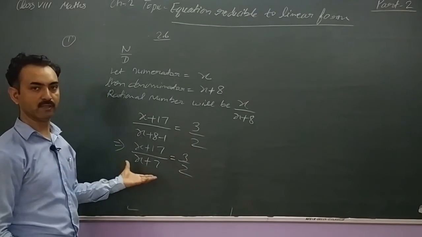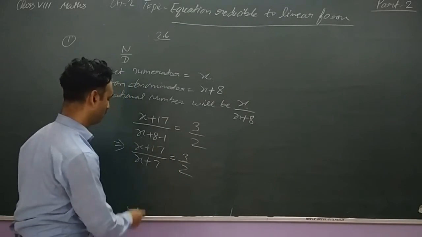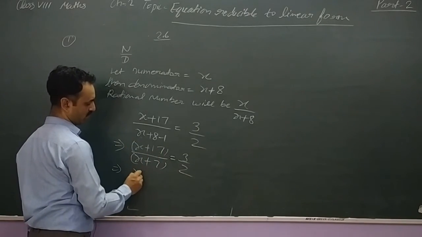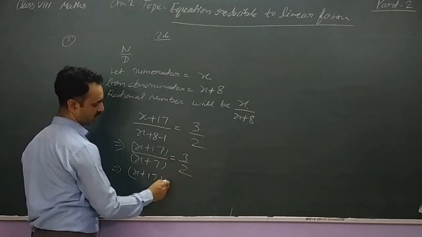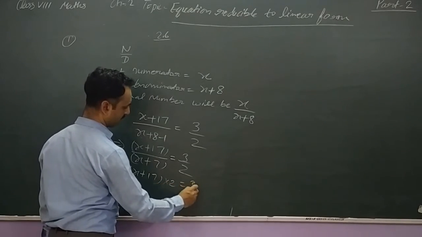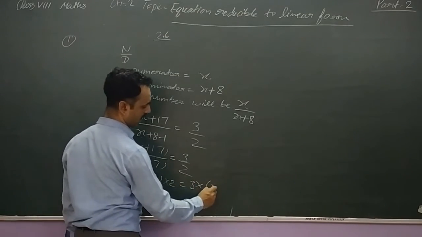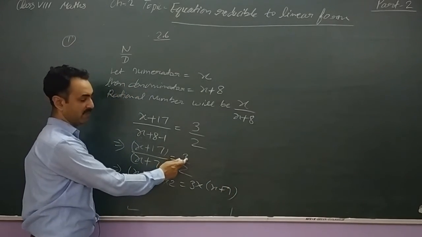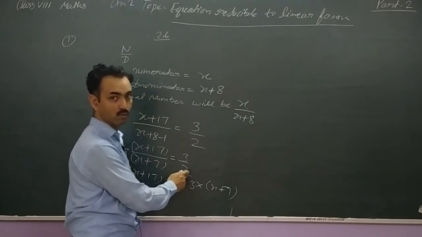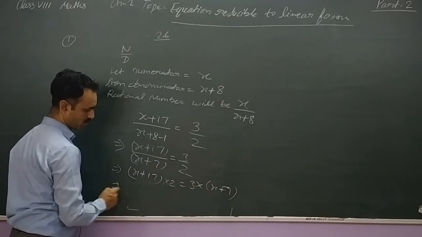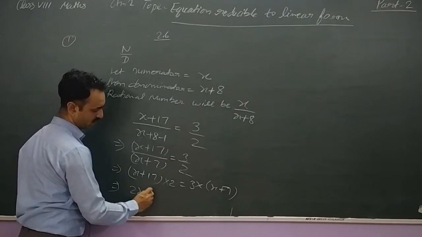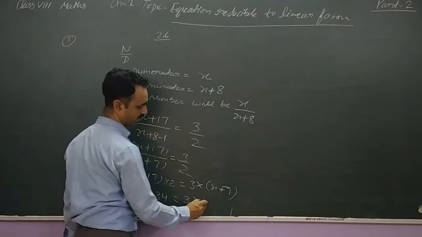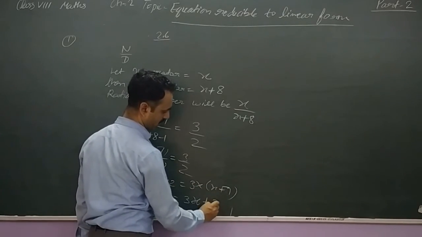Again we got the type of question we have just solved. So now again x plus 17 multiplies with 2 and 3 multiplies with x plus 7. How? This will be multiplied with 3 and this multiplied with 2. So 2 into x, 2x, 2 seventeens 34, 3 into x, 3x plus 3 sevens 21.